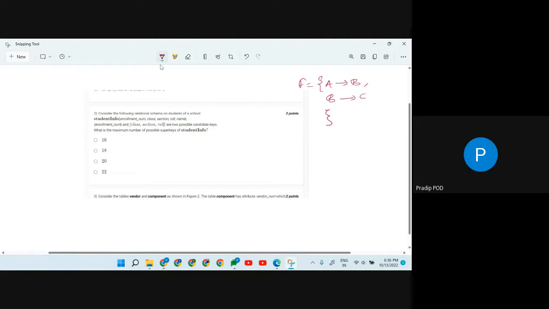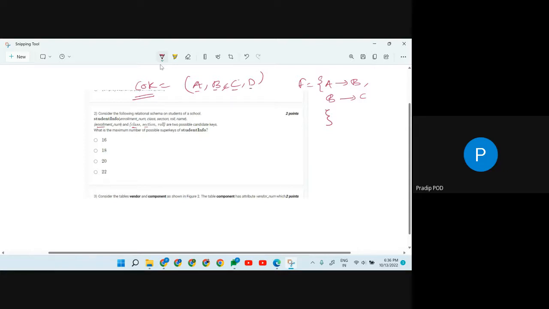Previously I was saying that suppose there are four candidate keys, A, B, C, D. These are your candidate keys. So you can say A is one of your candidate keys, B is also one, and C is one of your candidate keys.